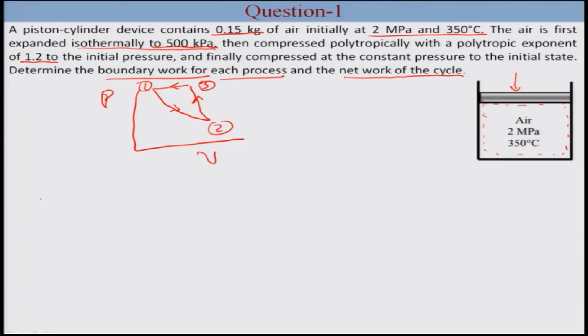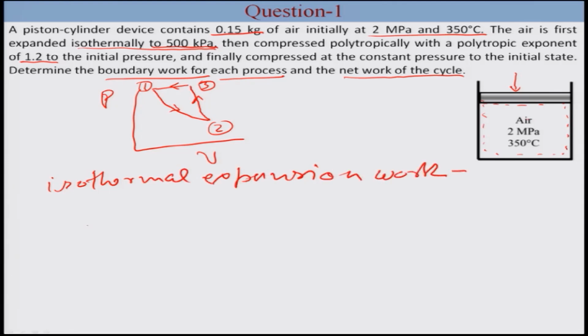First we do calculation for isothermal expansion. So work in isothermal expansion, W_B from 1 to 2, will be P1 V1 ln of V2 upon V1.